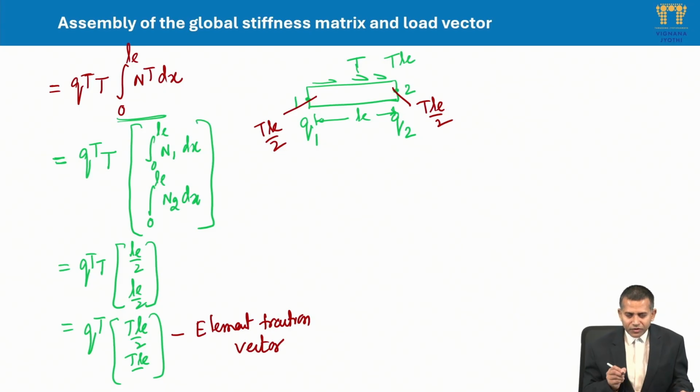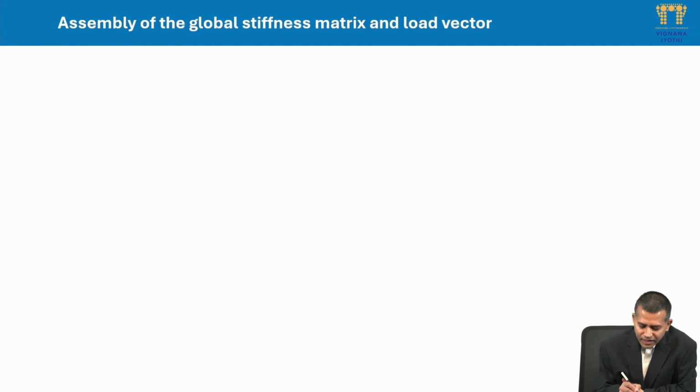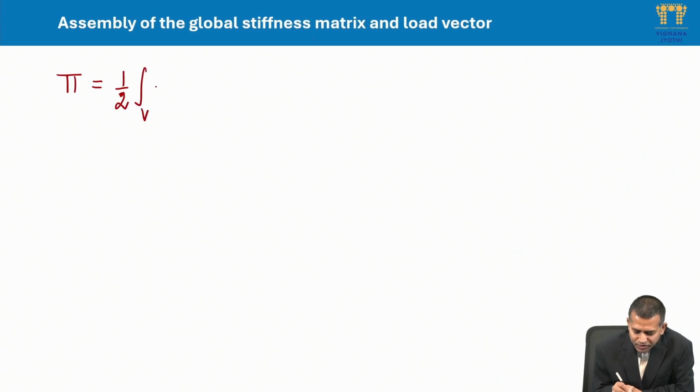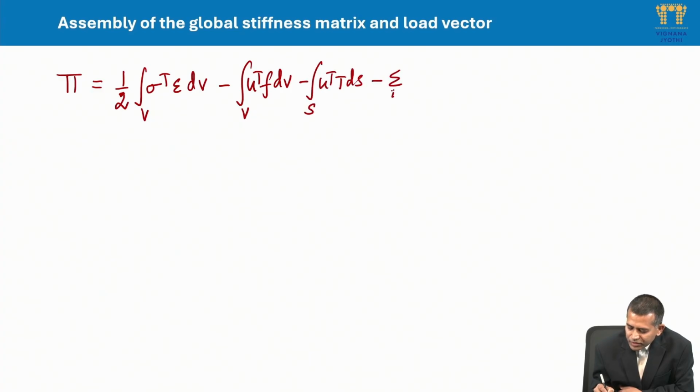So now we got body force, we got tractions, we got the stiffness matrix also. If you write this entire potential energy expression phi, it is the volume integral of sigma transpose epsilon dV minus the volume integral of U transpose F dV, minus the surface integral of U transpose T dS, and the summation of all the point loads at different points acting on the system.